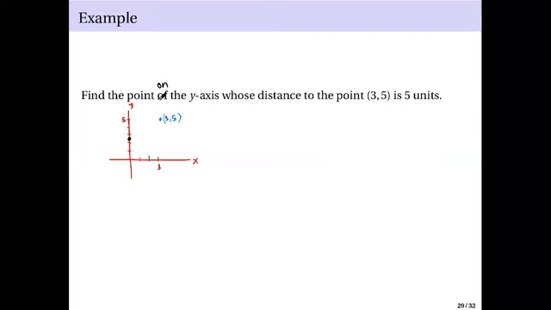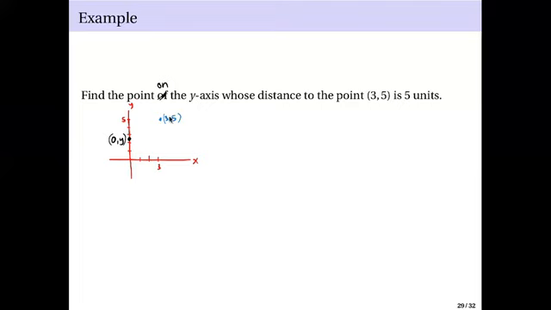What we're sure of is that since this point is on the y-axis, its coordinate is of the form (0, y). The x-coordinate is equal to 0. Correct? Because we want the point to be on the y-axis. So the x-coordinate must be equal to 0.